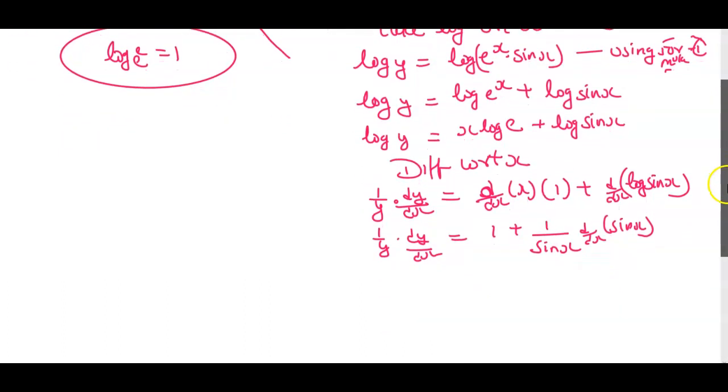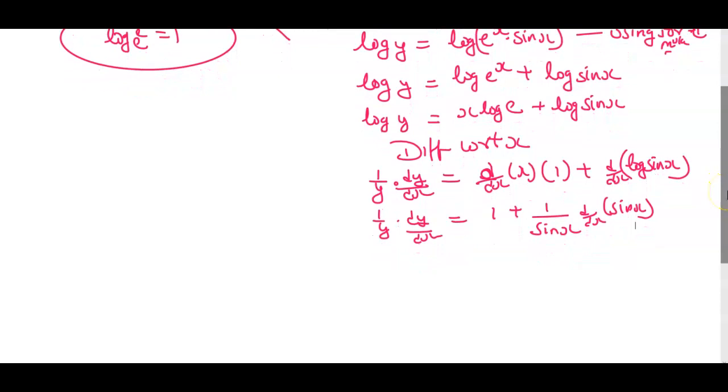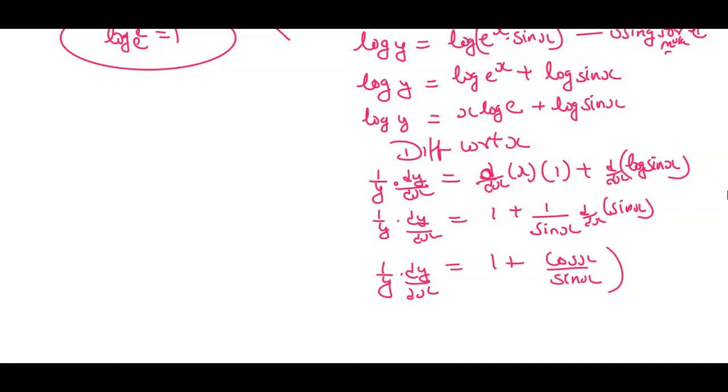Let's move further. It is going to be 1 by y dy by dx equals 1 plus cos x upon sin x.